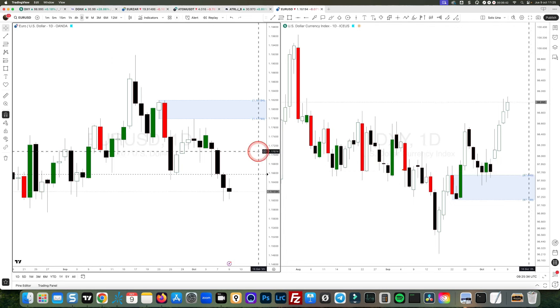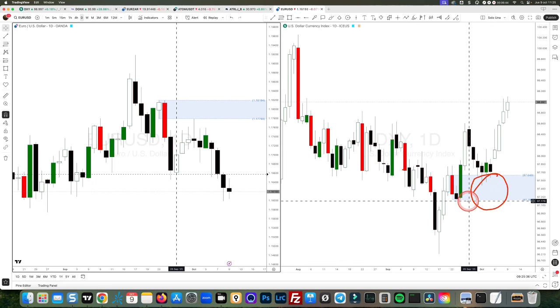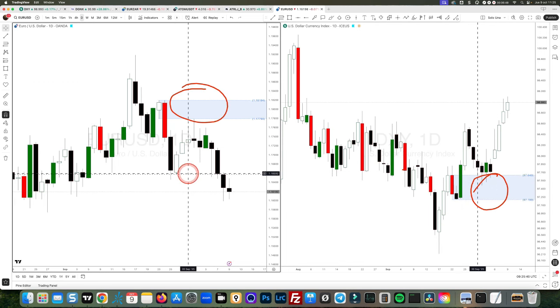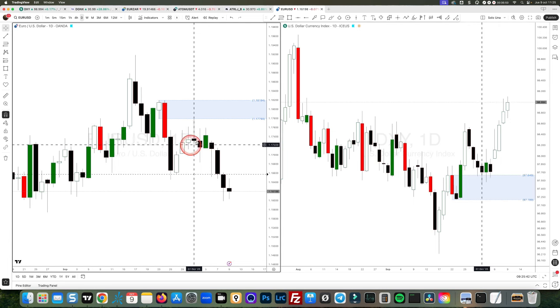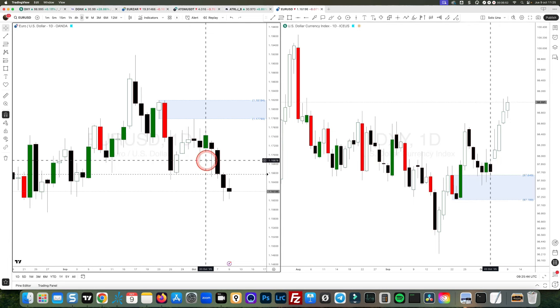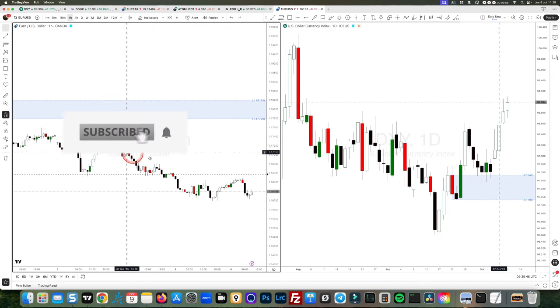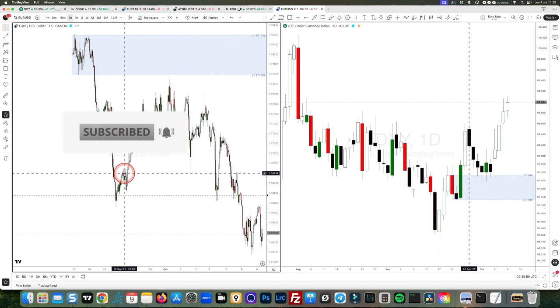So when a demand level on the dollar index is reached, or a supply level on the daily is reached on the euro dollar, probably you will be focused on other indicators and using the smaller time frames, maybe the 1 hour time frame for short term.